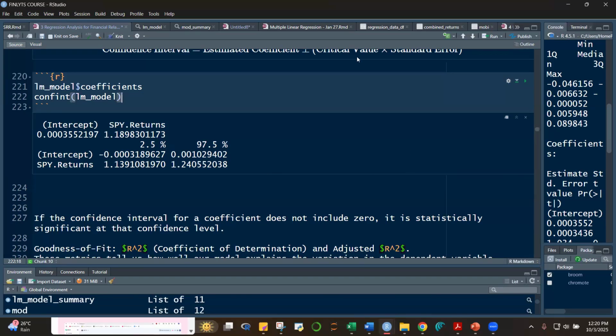So what does this mean, class? If you take a look at your intercept, the 95% confidence interval, this is 95% in the middle, which means this is 2.5% on each side.